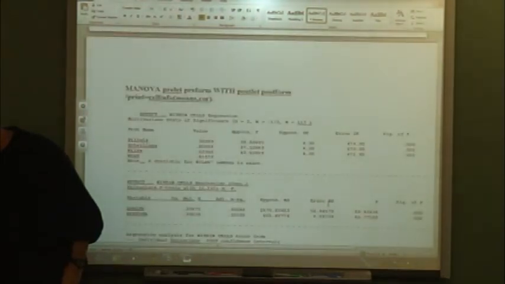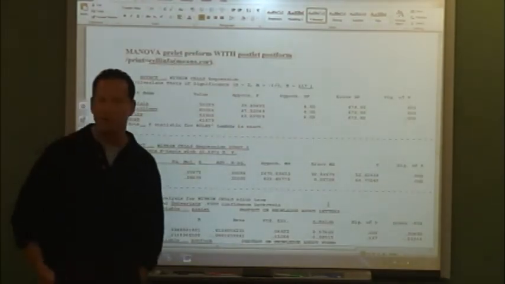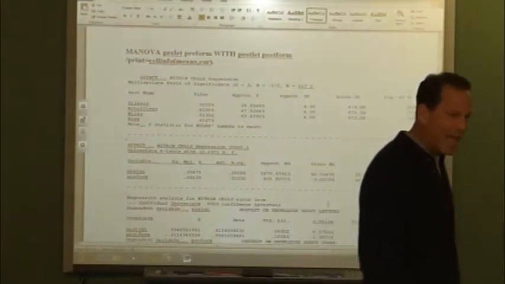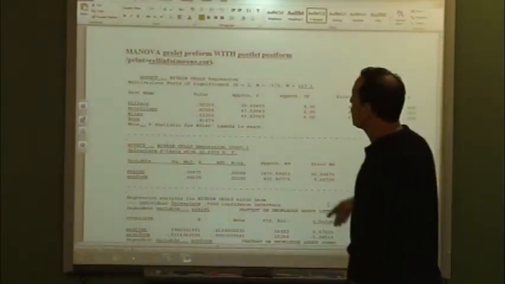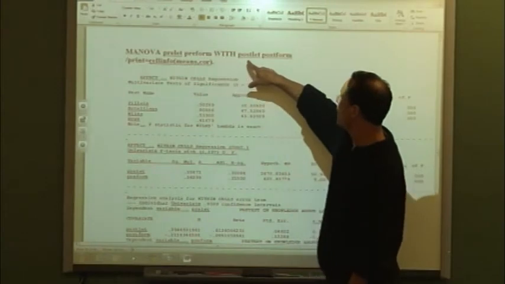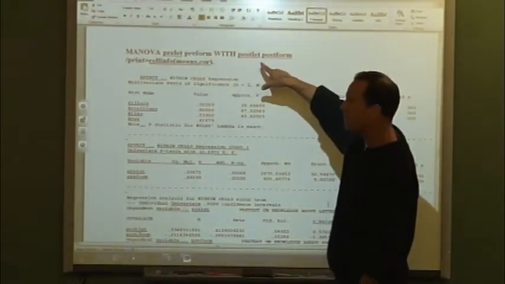And I just want to show you, in the old days, we used to do this using the Manova command. Without invoking the macro, you can get parts of the output. If you do Manova, pretest with, does everybody see the with statement?